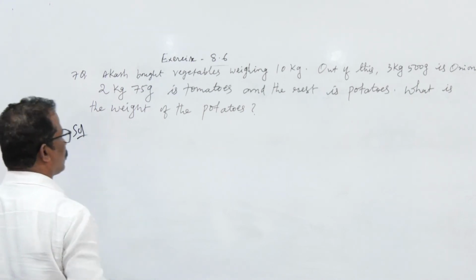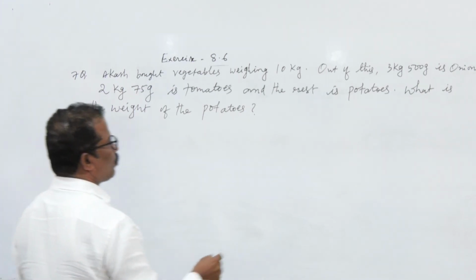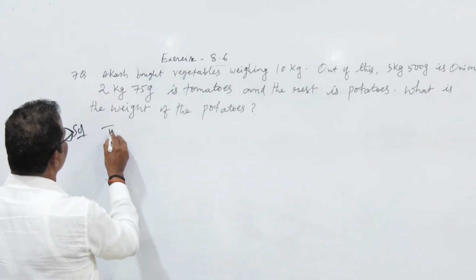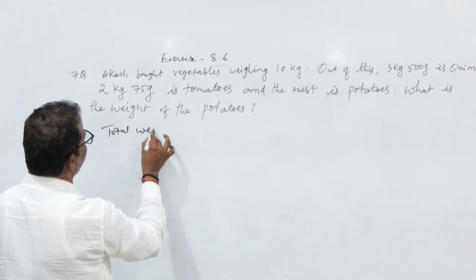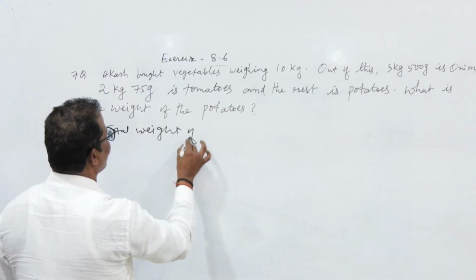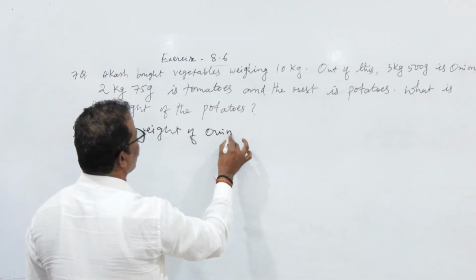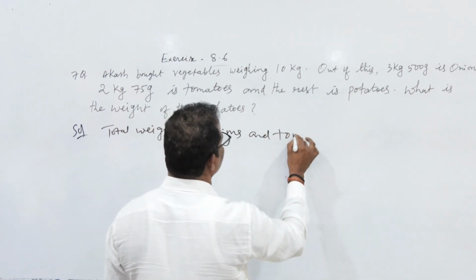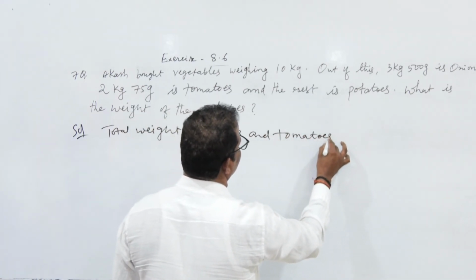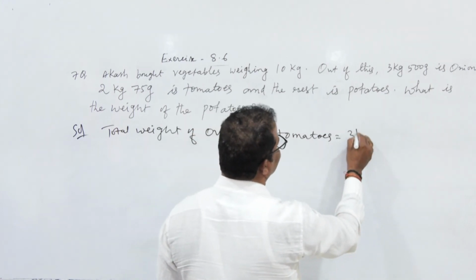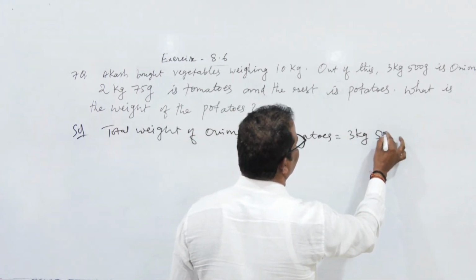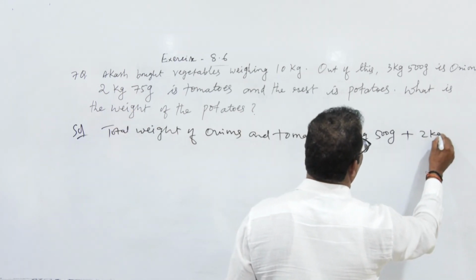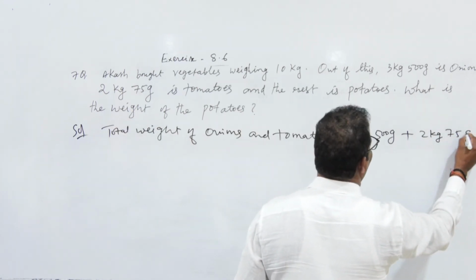So how can we do the solution? First we have to find the total weight of onion and tomatoes. So the total weight of onions and tomatoes is equal to 3 kg 500 gram plus 2 kg 75 gram.